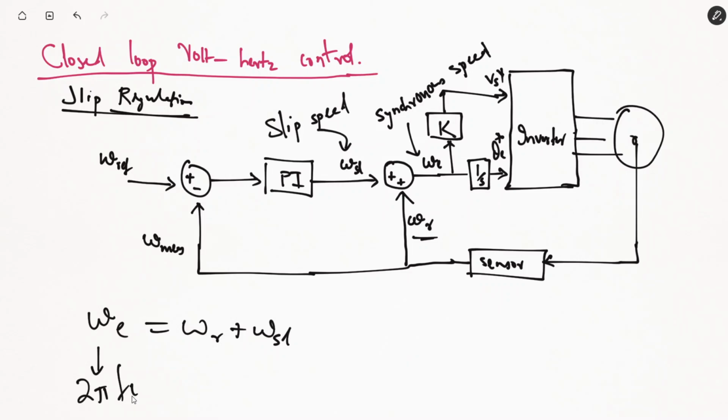Accordingly, derive the value of voltage V from the frequency in such a fashion that the V by F ratio remains constant. And by integrating omega E, we'll get theta E.